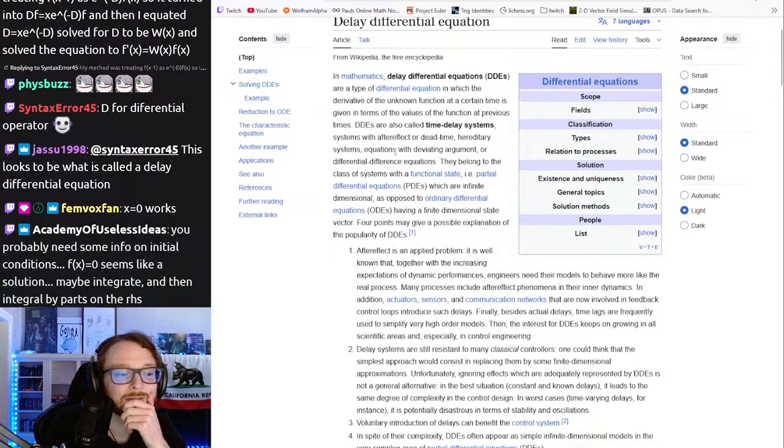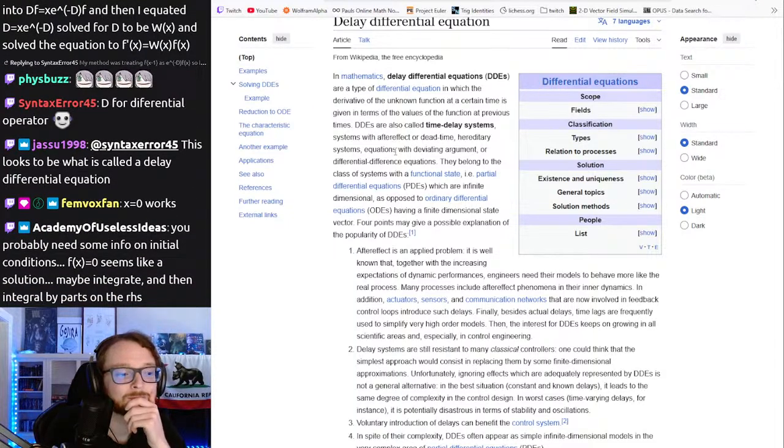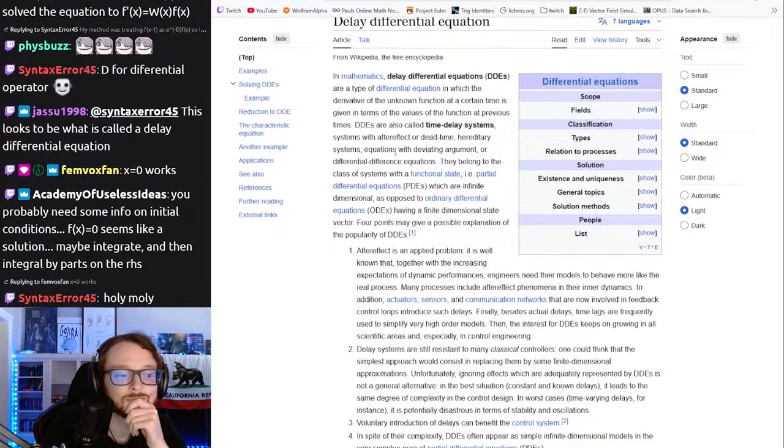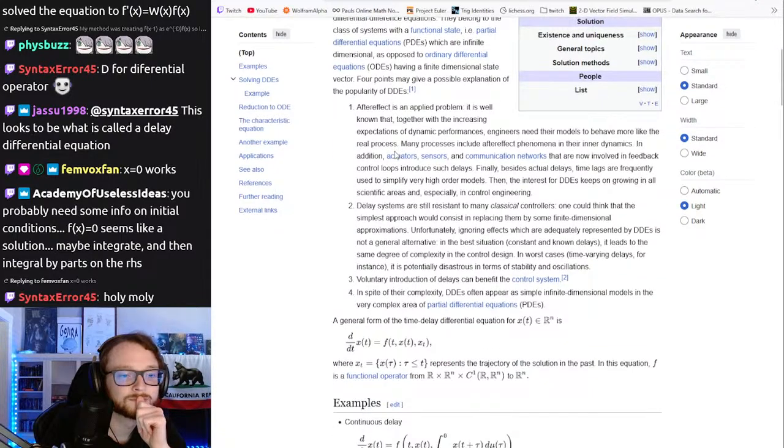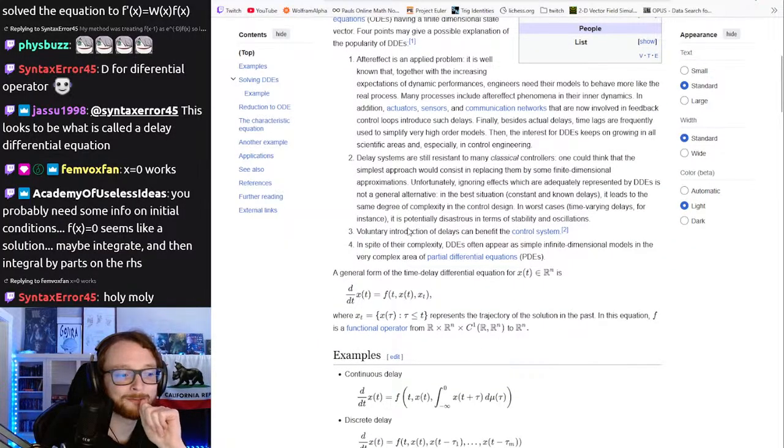Wow. Wait, are we solving for f of x or are we solving for x? I said we need to find an f of x that fits this.